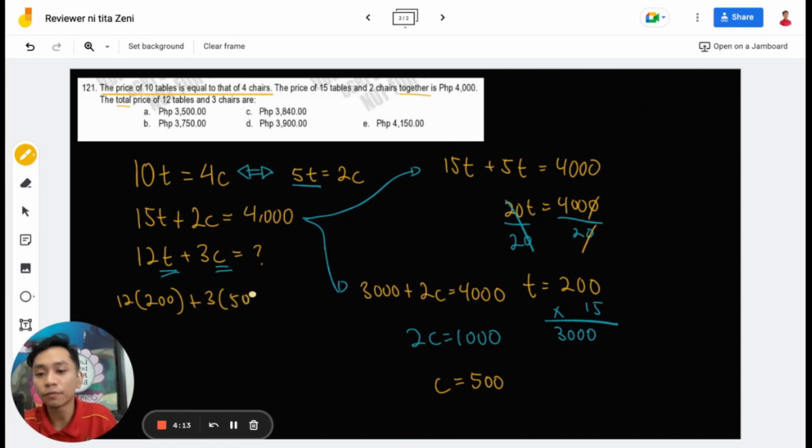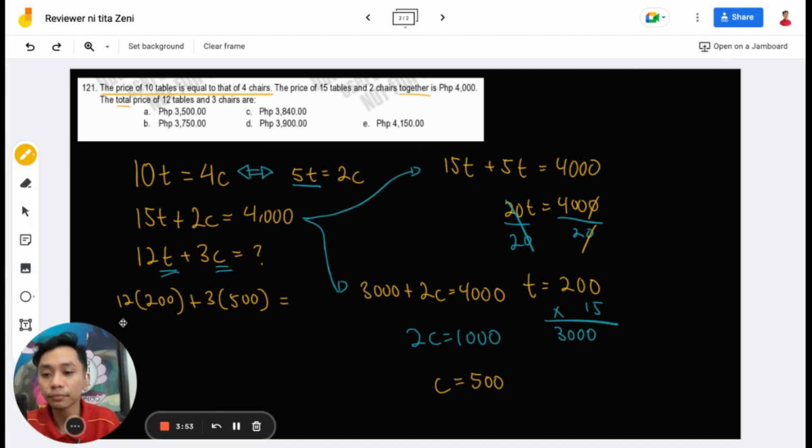Ngayon, alam mo na yung kukumpleto dito. This is 3 times 500. Malalaman na natin yung sagot dun sa final statement. 12 times 200, gawin natin yung kaparehong strategy na ginawa natin dito. So we know that 200 times 10 is 2,000. Dagdagan mo ng dalawang 200, so 2,400 ito.